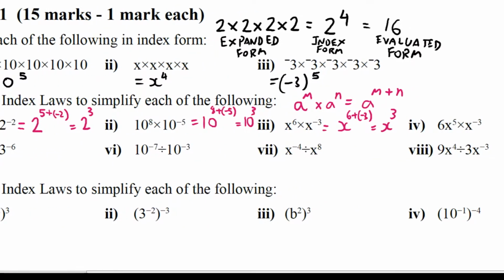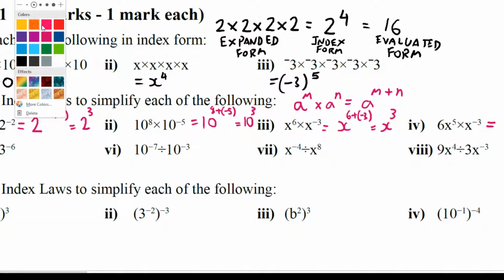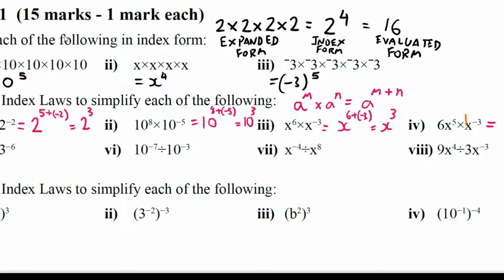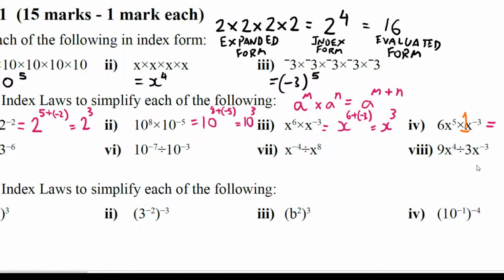And for this last one over here. Now, out the front of this x to the power of negative 3, there's a 1. Even though we don't draw it, there's a 1 there. Okay, 6 times 1 is 6.